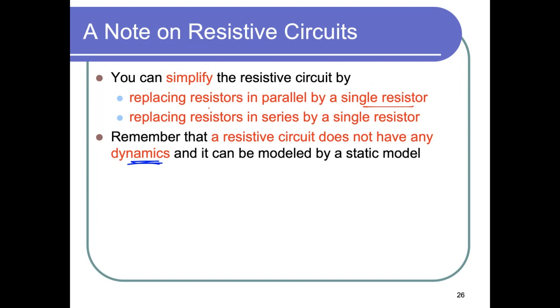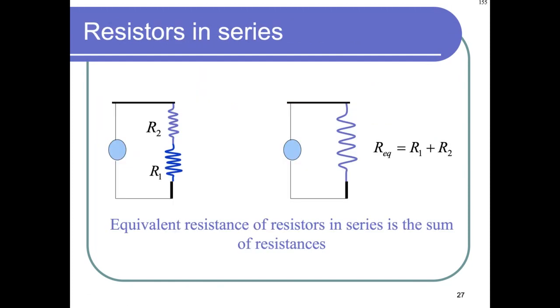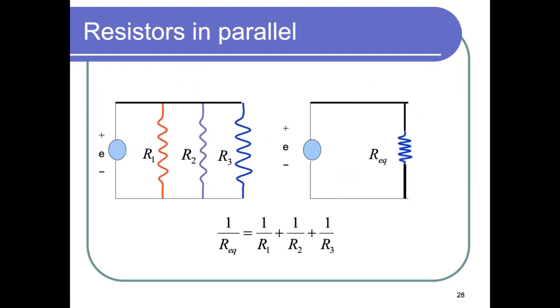In steady state, you have that DC circuit, but once you care about the dynamics, then you have inductive and capacitive elements. So if I have two resistors in series, then the equivalent resistor is just the summation of the two. If I have three of them in parallel, then 1 over R1 plus 1 over R2 plus 1 over R3 is equal to 1 over R equivalent.